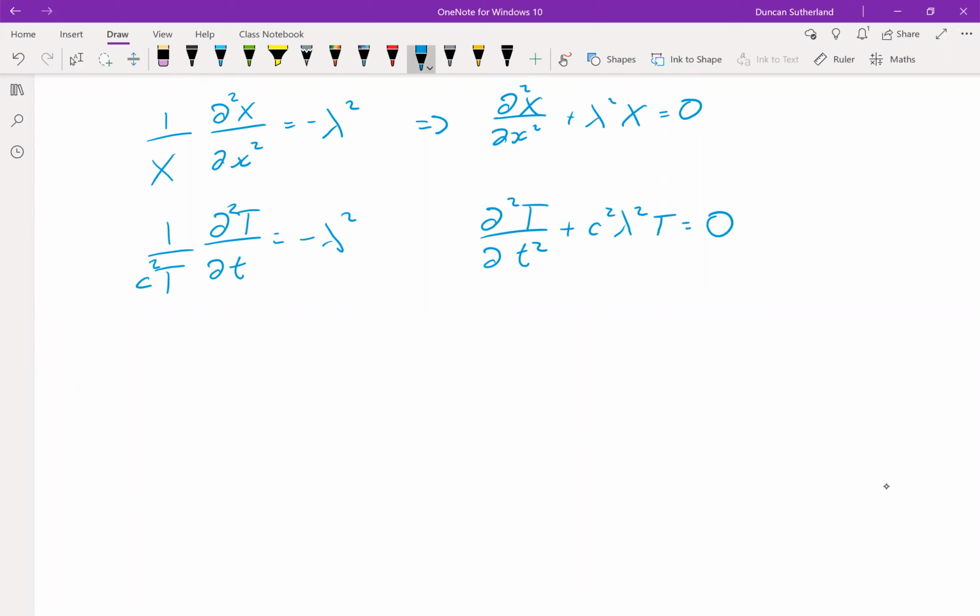Let's just go down and write down the solutions of these two problems and then think about the boundary conditions. So the X problem, we're going to get sinusoidal solutions, sine and cosine. This is just an ODE at this point, so you don't have to worry.